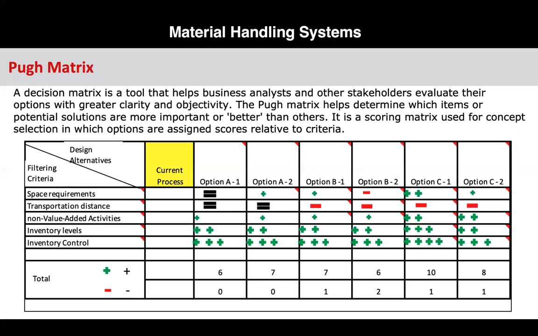So the rule of thumb would be, because option C1 had 1 negative, even though it had the higher pluses, that you should go with option A2. All right. I can tell you in this particular instance, I went with option C1 because the 1 negative was a business decision that could be overcome.